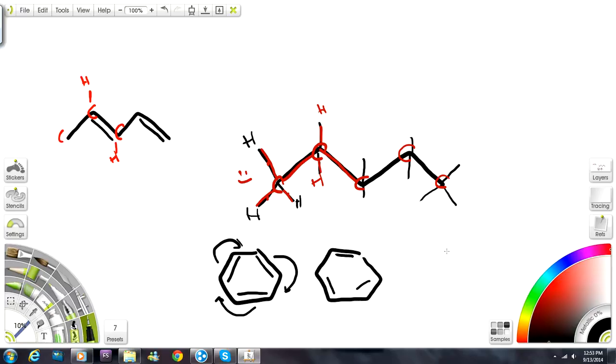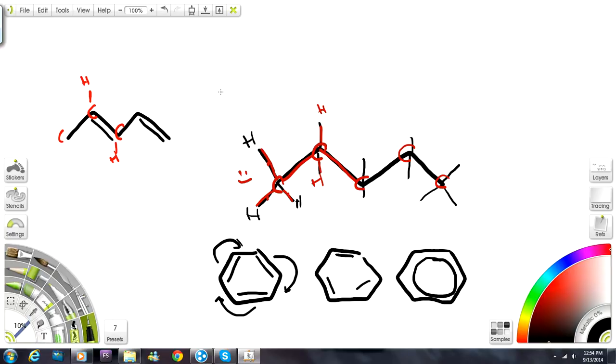One way to represent that those bonds can move around is sometimes notated with a circle in the center. That just shows that these double bonds can move around in a circular formation around this whole thing. Now these arrows show the movement of the electrons in what are called resonance structures, and I'll talk about that in another video because that's a whole different story. But yeah, this is bond line.